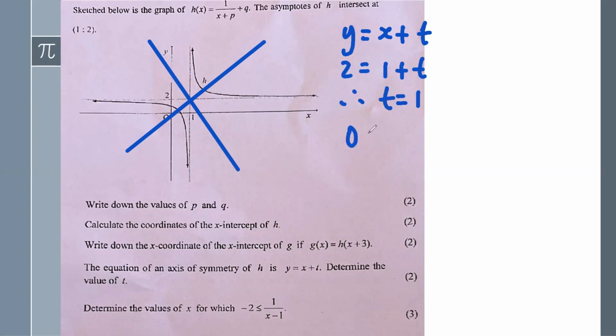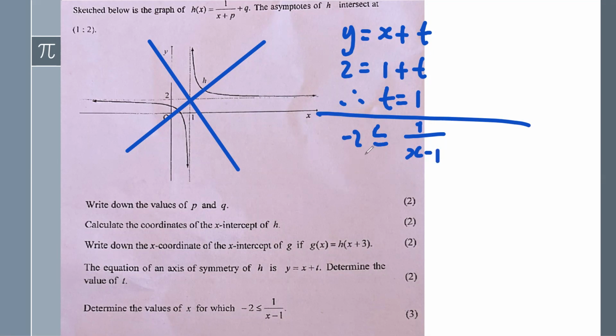So if I have 0 less than 1 over x minus 2, I have this, and I still put x minus 2, and I have that.